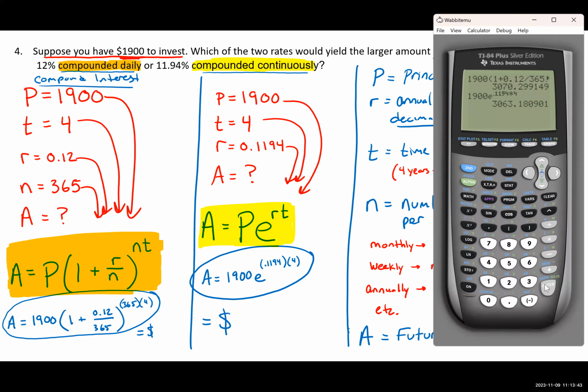And we get a slightly smaller dollar amount. So question, which of the two rates would yield the larger amount? Looks like the first one, $3,070.30. Option B, with the continuously compounded interest rate, gives $3,063.18.